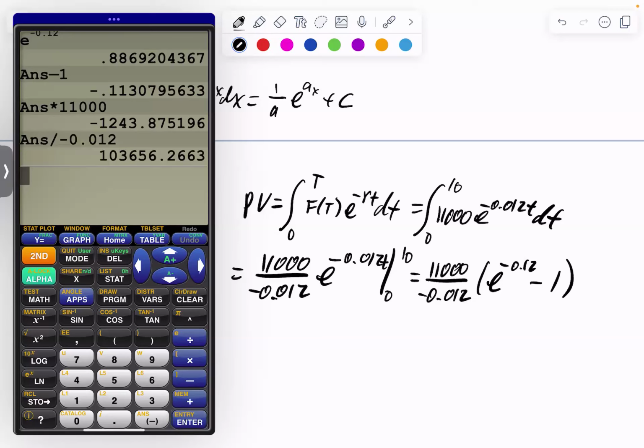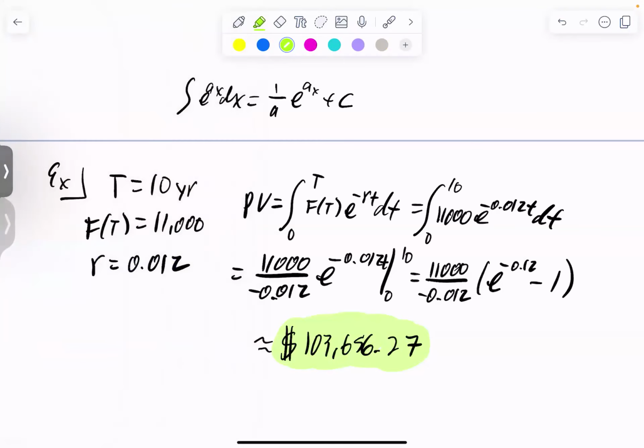There we go. So I'm just comparing this to my notes. So this is going to be $103,656.27. And that is the present value, where it's gaining 11,000 every year. Kind of cool.